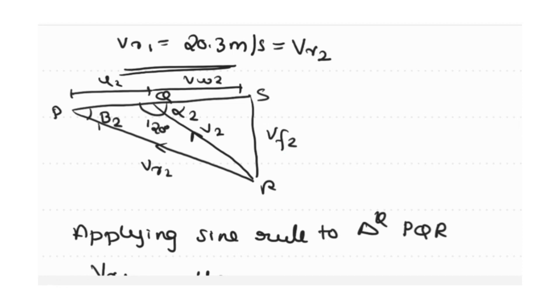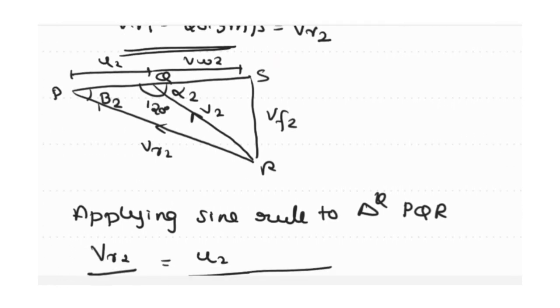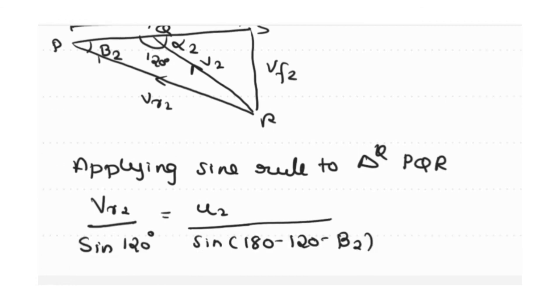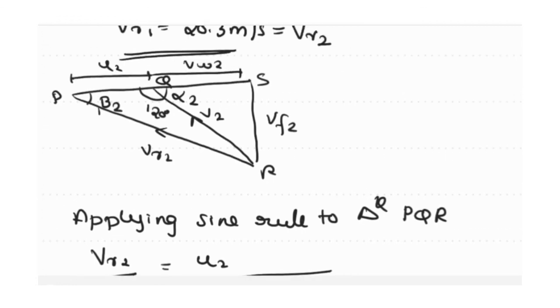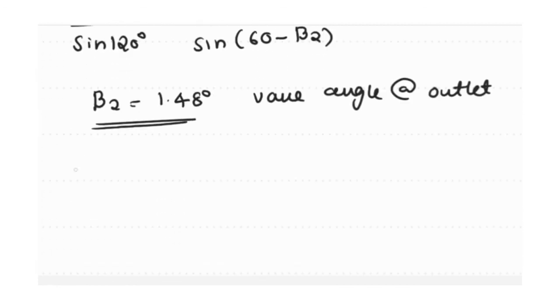So here we can calculate the value of VW2 by applying cos beta to the triangle SPR. So that is cos of beta 2 is equal to the adjacent side, U2 plus VW2, divided by the hypotenuse, VR2.